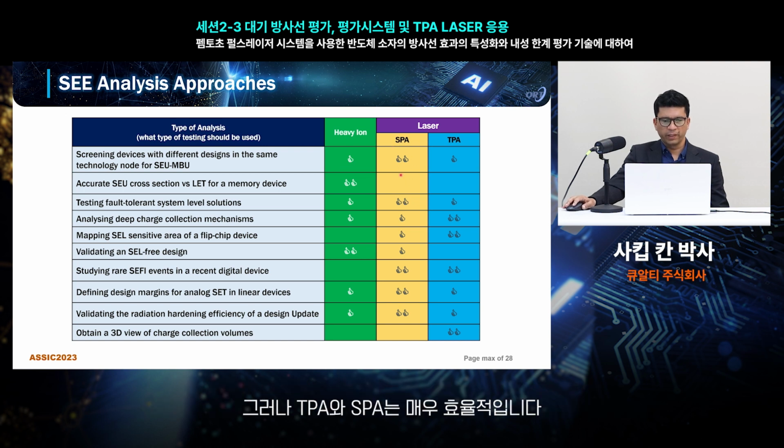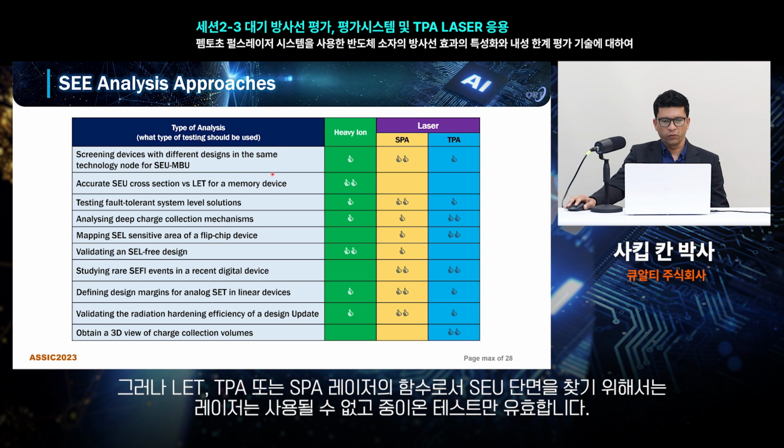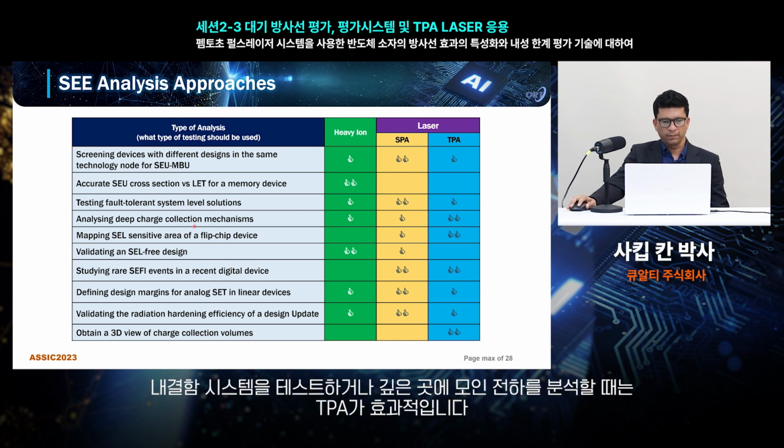TPA, SPA can be used very effectively, but in order to find the SEU cross-section as a function of LET, TPA or SPA laser cannot be used. Only heavy ion is effectively used in that case. Testing fault-tolerant systems or analyzing deep charge collection can be done very effectively using TPA.